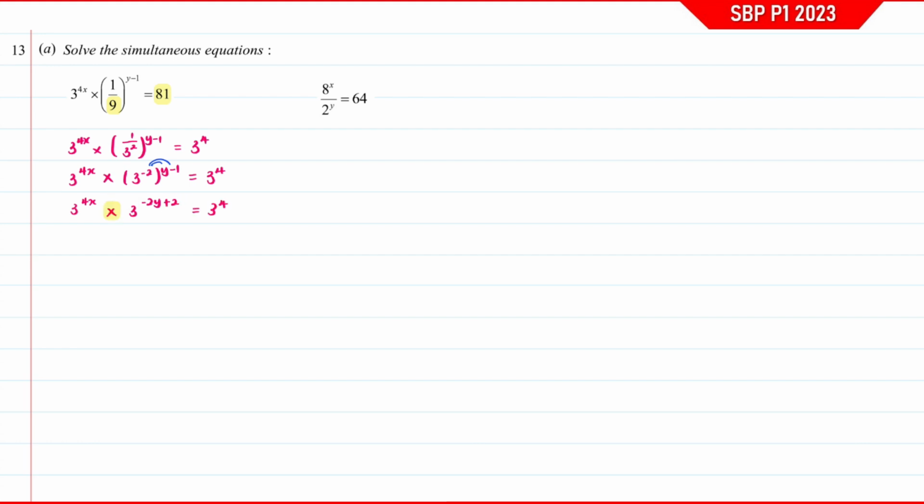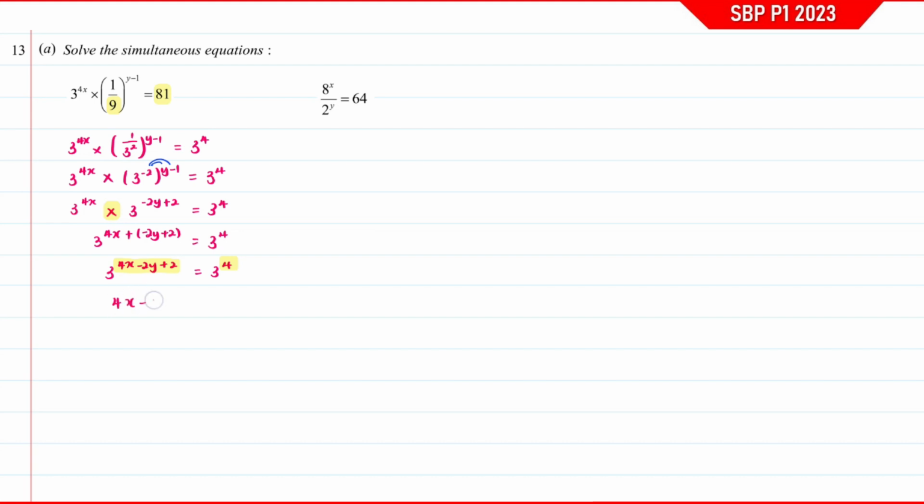As the operation here is multiplication, then using the law of indices, we can write this as 3 to the power of 4x plus negative 2y plus 2. So here we're going to get 3 to the power of 4x minus 2y plus 2 equal to 3 to the power of 4. Now on the left hand side and right hand side, we have the same base, then we can compare the power.